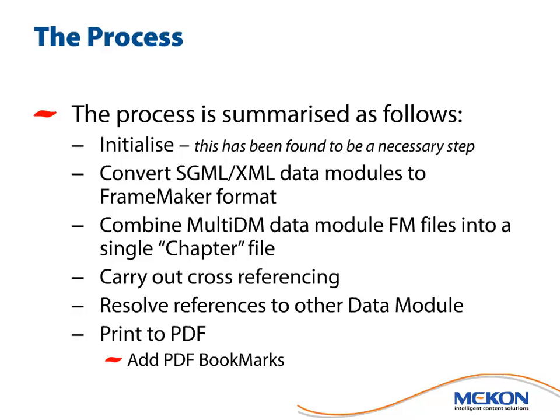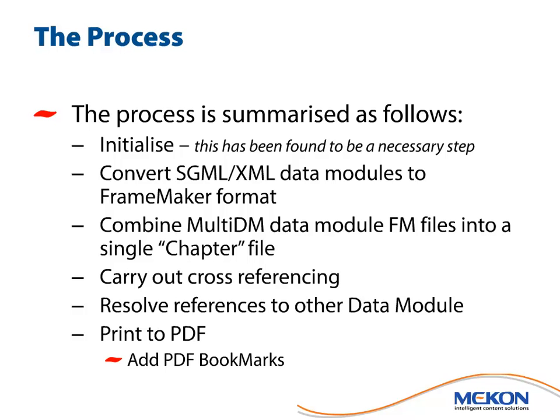So the application converts all the data modules to FrameMaker format. It imports them and saves them out as FrameMaker files. The next thing it does is, if you've got any multi-data module chapter files, then it takes all the individual FrameMaker files and creates a single chapter file from that.